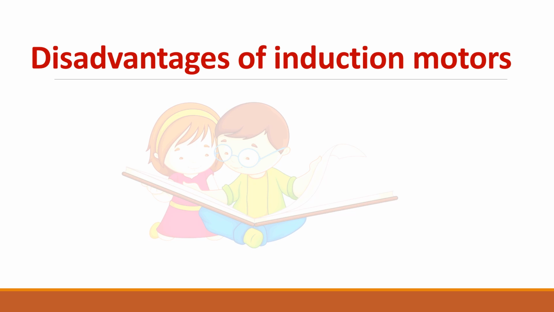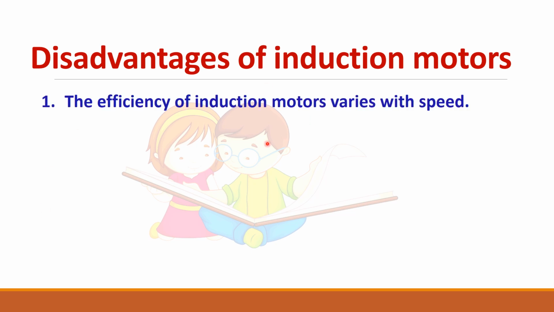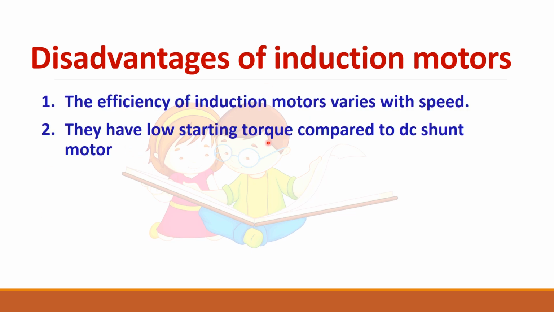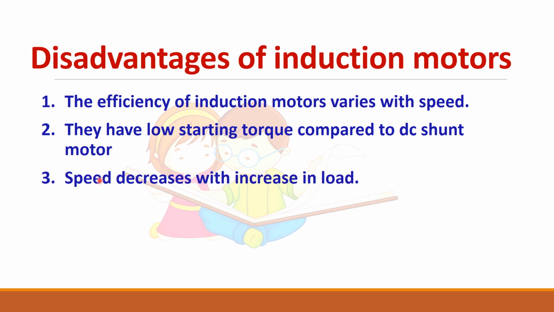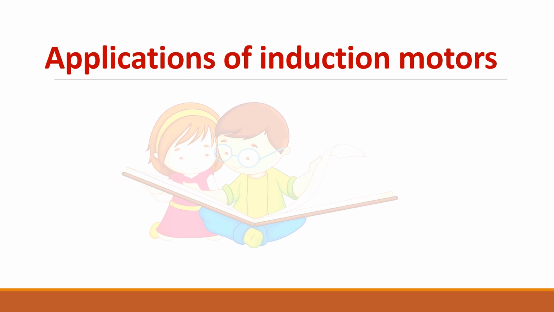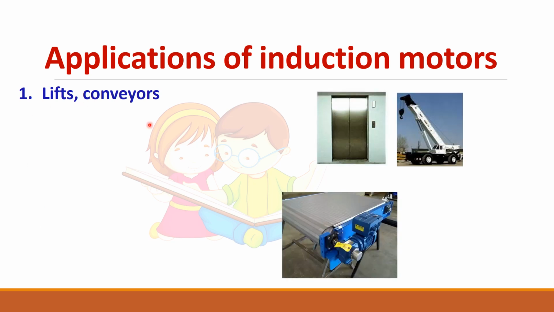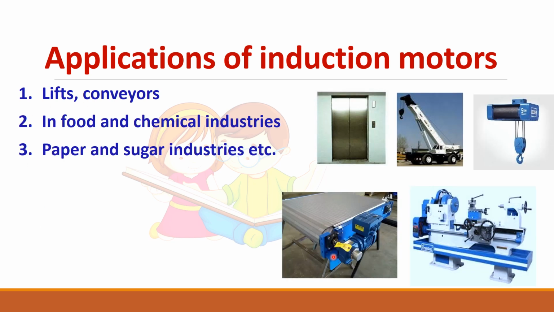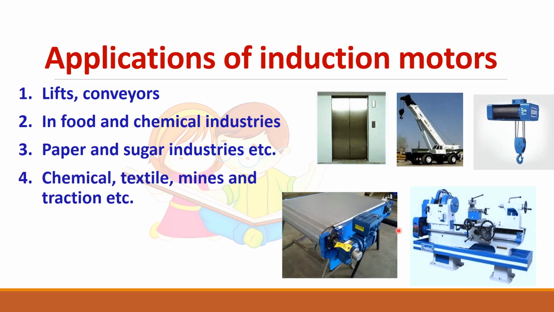The efficiency of the motor varies with the speed, and they have low starting torque, especially squirrel cage motors, and speed decreases with increase in load. They have a wide range of applications starting from lifts, conveyors, food and chemical industries, paper, sugar industry, chemical and textile industry.